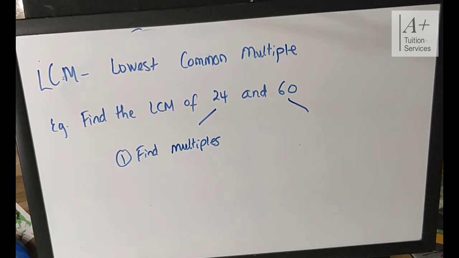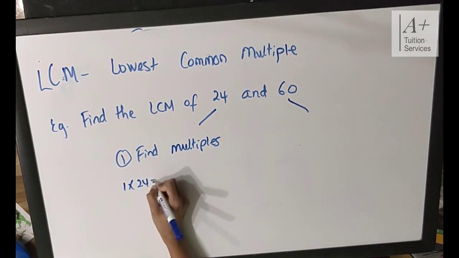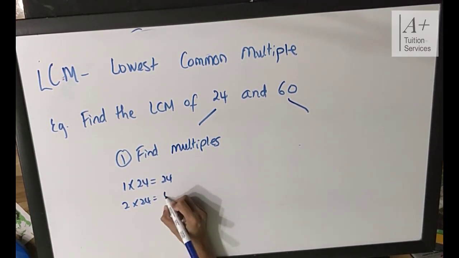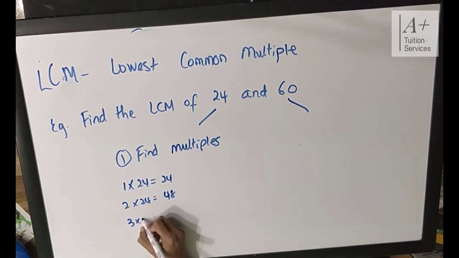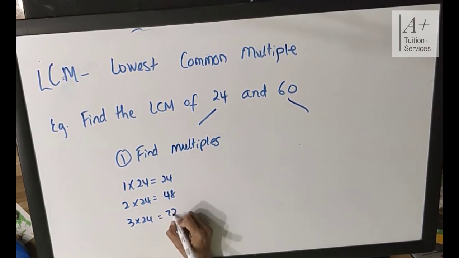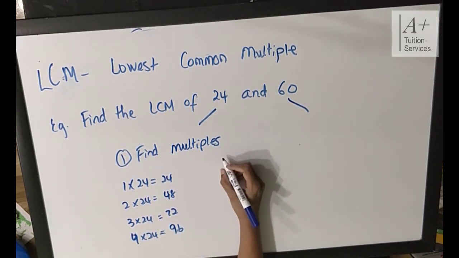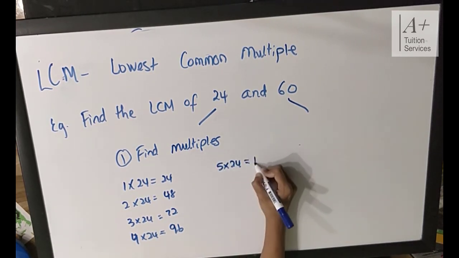When we multiply 24 by a number, what are we going to get? 1 by 24 is equal to 24, 2 by 24 is equal to 48, 3 by 24 is equal to 72, 4 by 24 is equal to 96, 5 by 24 is equal to 120, right?